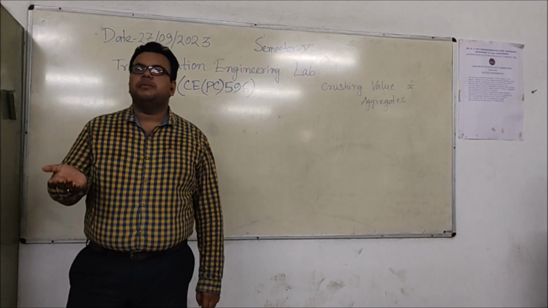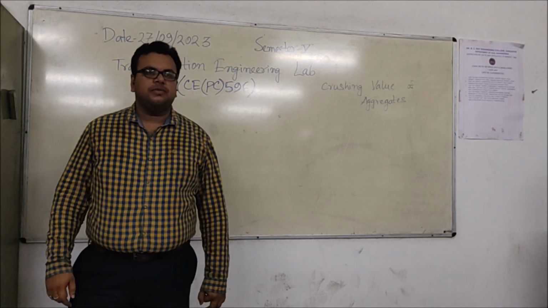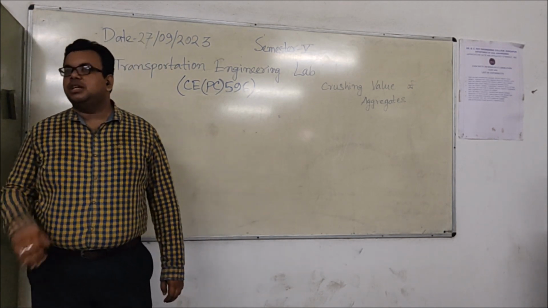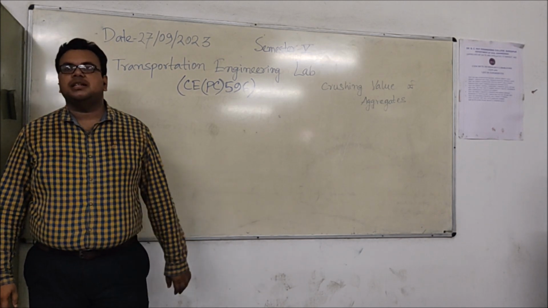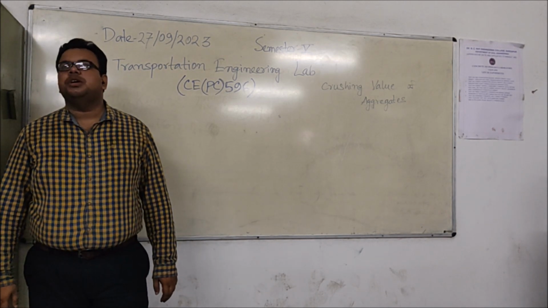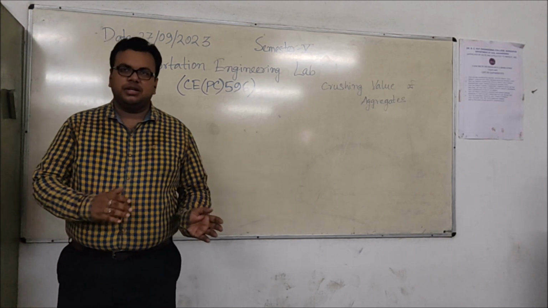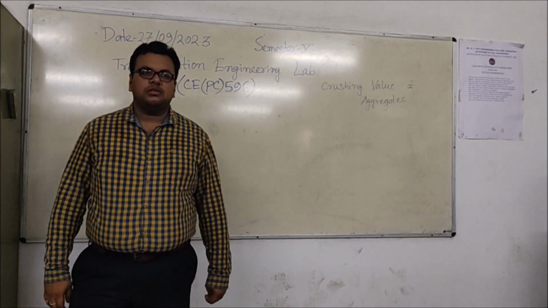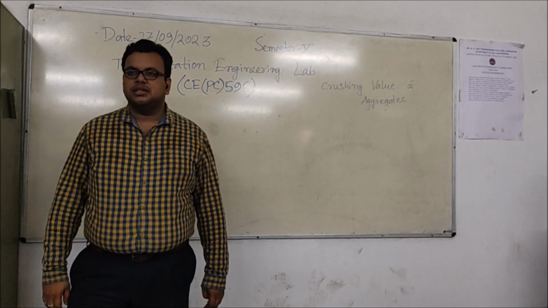The aggregates which pass through the 12.5 mm sieve but are retained on the 10 mm sieve will be used for this test. After the test is performed, we will use another size of sieve, that is 2.36 mm. We will sieve the rest of the sample and again take the weight so that we get the crushing value of the aggregate.